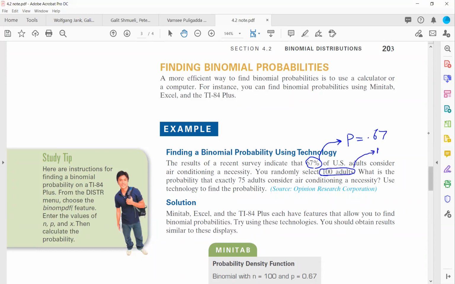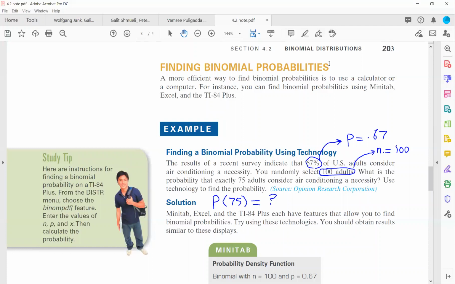So your N is 100. What is the probability that exactly 75 adults consider air conditioning a necessity? How do we calculate this probability using binomial distribution?